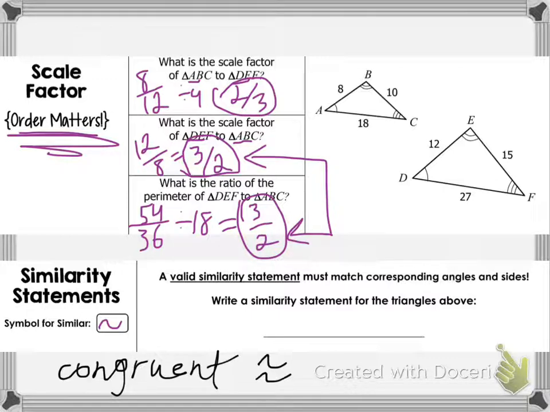So a valid similarity statement must match the corresponding angles and sides. So let's write a similarity statement for the two triangles up here. So we can write it such that triangle ABC, this guy up here, and remember the order of the letters matters, is going to be similar to triangle DEF. Easy enough.